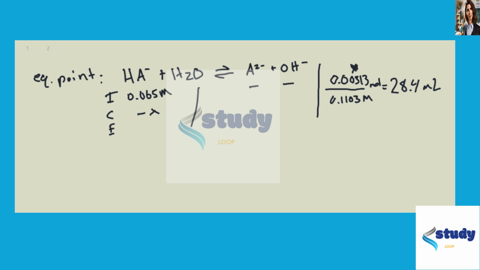And so we subtract x, add x, and we use the Kb since we're producing OH minus here.